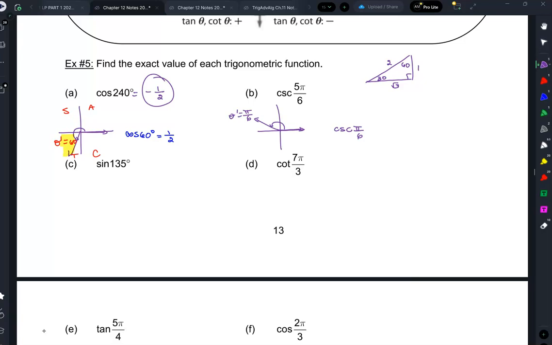So when I go here, cosecant of 30 is hypotenuse over opposite. In this quadrant, this is all students. Sine is positive, so is cosecant. So this is positive 2.